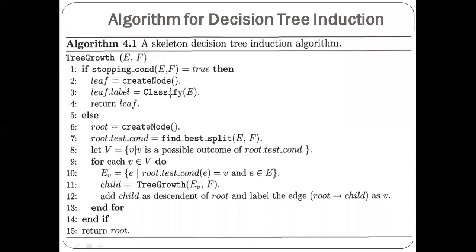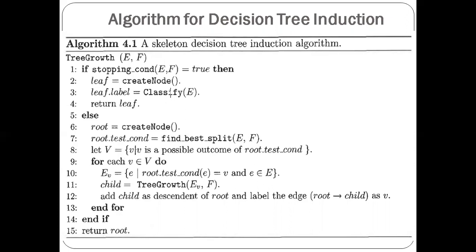These steps will be executed whenever all the records belong to the same class, or if you reach the stopping condition. The stopping condition will not be reached whenever the training records contain records that belong to multiple class labels.